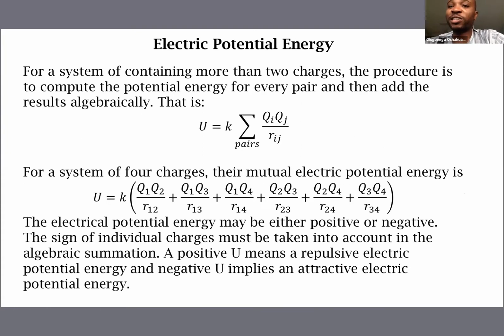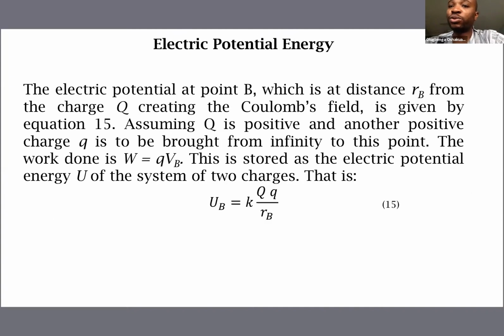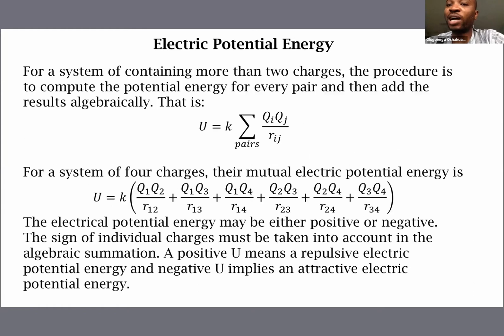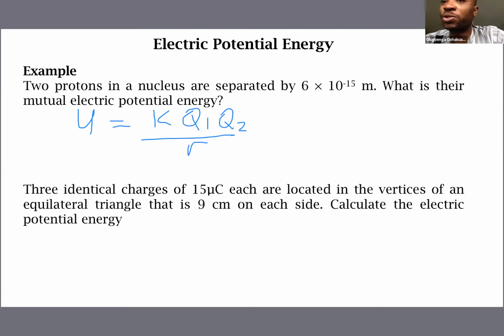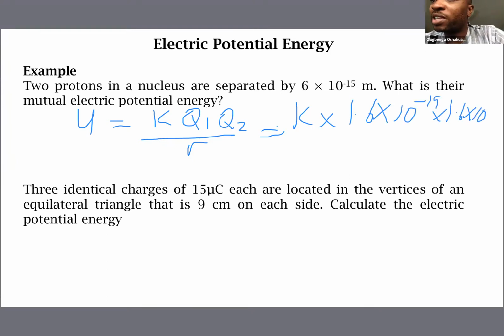Just like we have in this expression that says U equals K Q1 Q2 over R, we come here again to say the potential energy U equals K Q1 Q2 over R. And we know our Q1 and Q2 to be protons, and that means K times 1.6 times 10 raised to power minus 19 coulomb times 1.6 times 10 raised to power minus 19 coulomb.